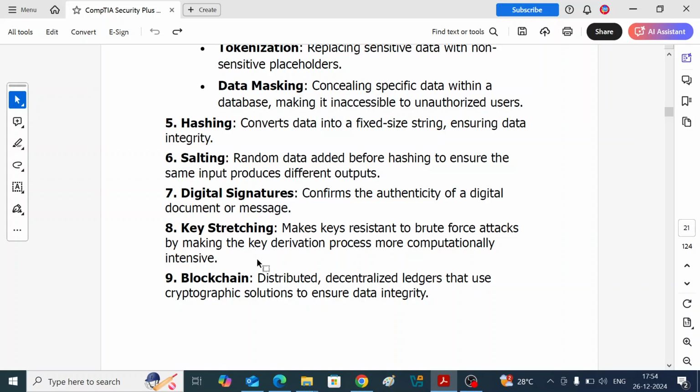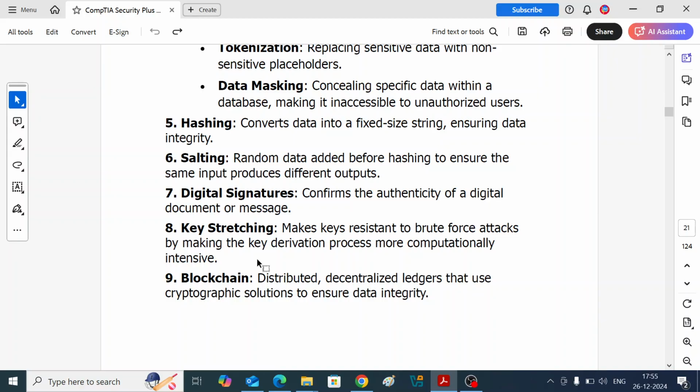DSS was put forward by NIST in 1994. It uses SHA-2. What does SHA mean? Secure Hash Algorithm. It uses SHA-1, SHA-2 and SHA-3 with RSA or DSA or ECDSA. For example, if I'm sending a plain text, this plain text, with the help of the SHA hash algorithm, gets converted into a message digest.